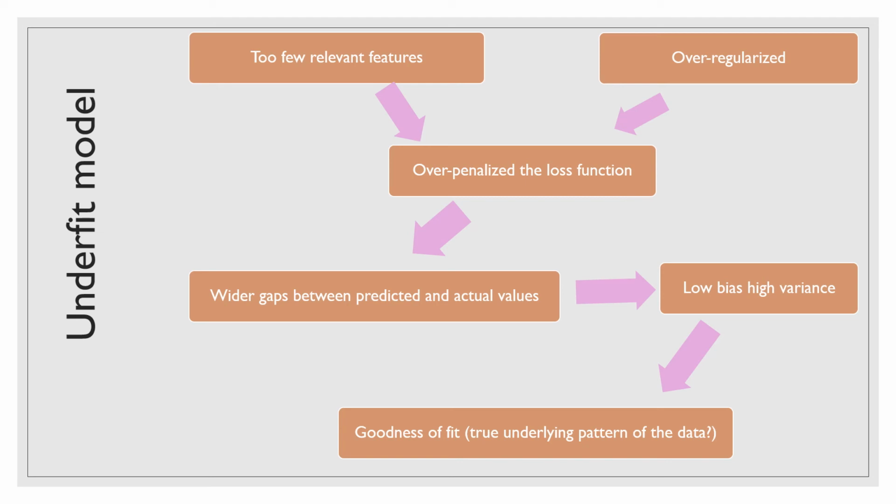And because of that, the extent of the bias and variance in our results may not be as accurate as we want them to be. And these can, in turn, lead us to question the goodness of fit of our model because we are unsure about the true underlying pattern of the data.